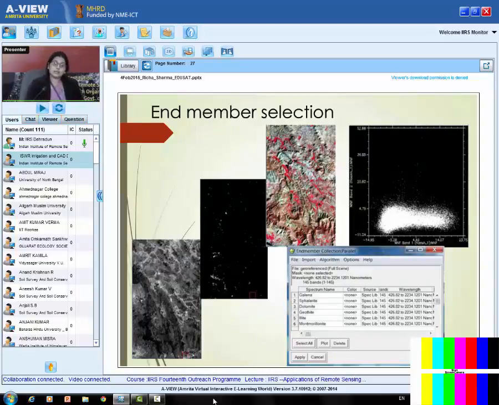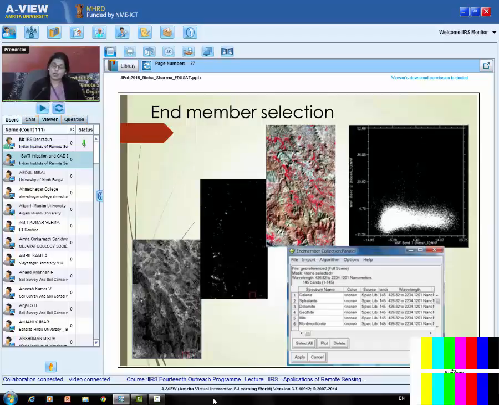Now, the second step after atmospheric correction was the selection of the endmembers. For the selection of the endmembers, there are different things we have to apply, because the endmembers have to be selected carefully so that they are only pure pixels. How do we do that? First of all, we have applied the MNF, the minimum noise fraction.